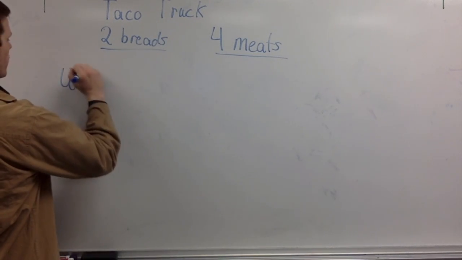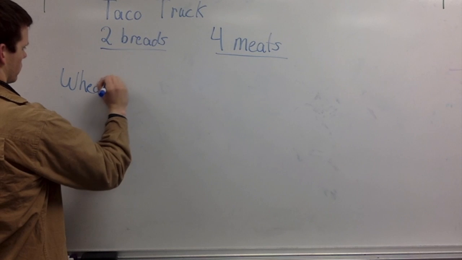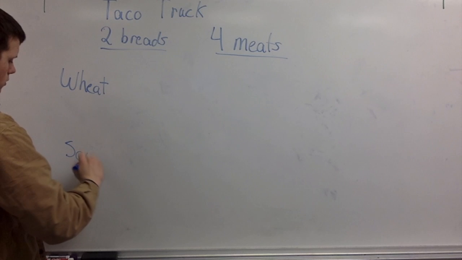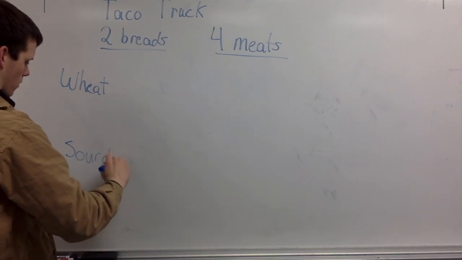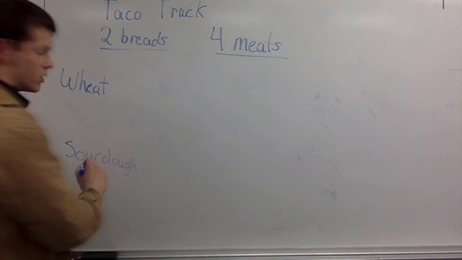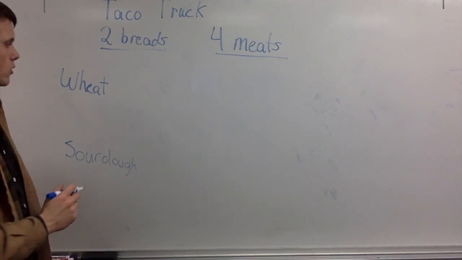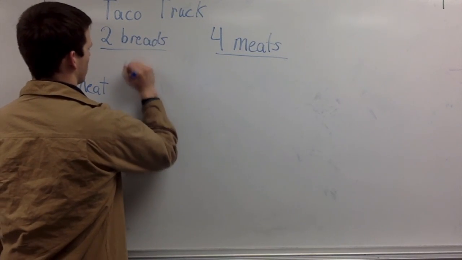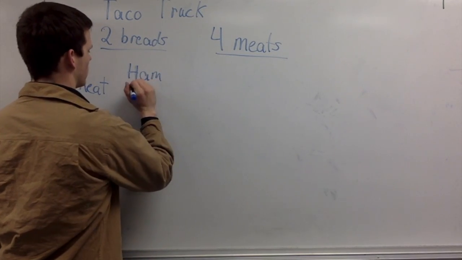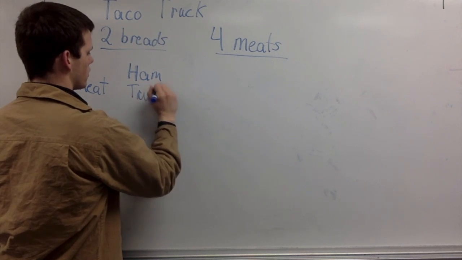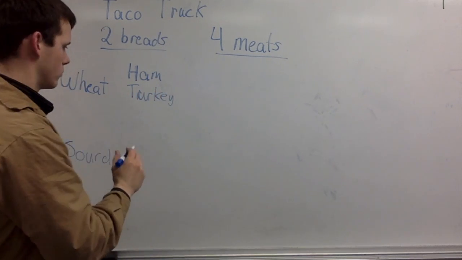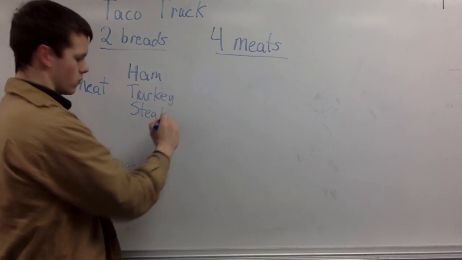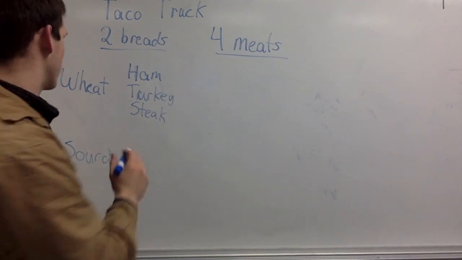So let's say we had wheat bread, and we had sourdough bread. So our different kinds of meats are ham, turkey, steak, and of course, then chicken.